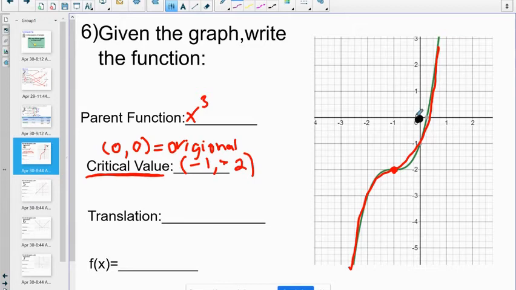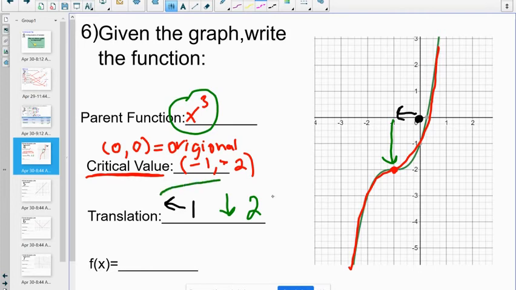So think of it, we're going left 1 unit, so left 1, and we're going down 2. Down 2. So now that we know the translation, we can put that back into our equation. So we know our parent function, and we know our translation. The critical value was just to help you find your translation.